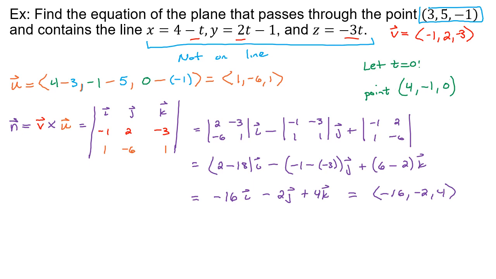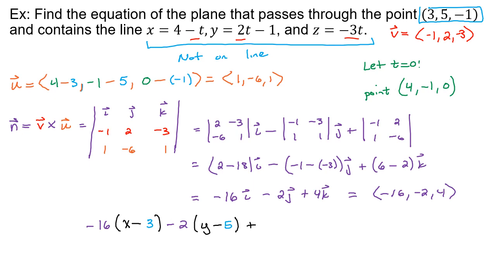So you write down your answer. Your answer would be the negative 16 from the normal vector times x minus the x value of the point. Then I'll have a negative 2 from the normal vector and a y minus the 5 from the point.